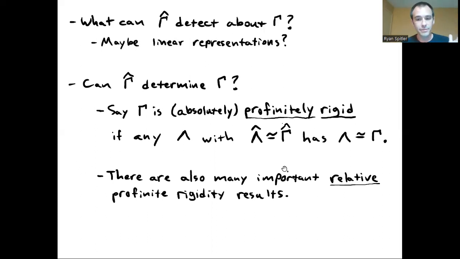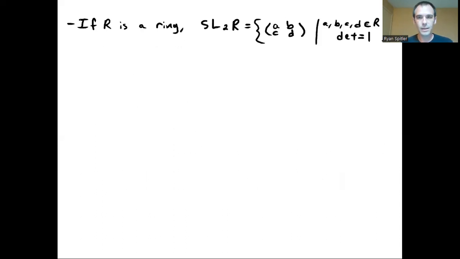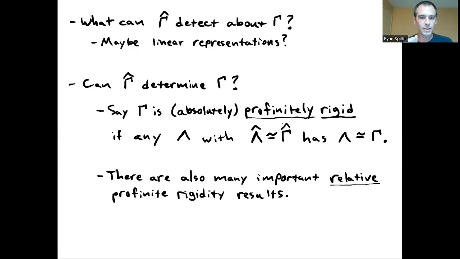And there are lots of very important good results that answer these kinds of questions as well. So these relative profinite rigidity results are very important, but the absolute one is the one that I'll mostly talk about today.